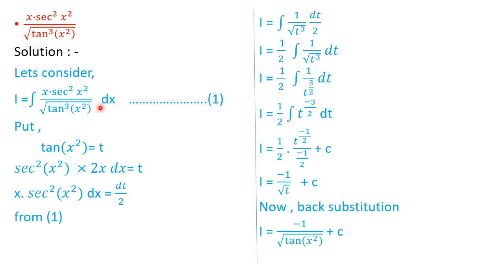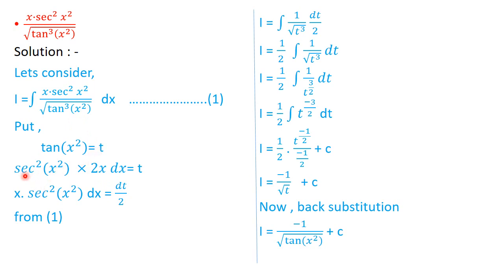Now, what substitution? Which function is the derivative of which one? You know that the derivative of tan x is what? Sec square. Isn't it? Therefore, put tan x square equal to t.